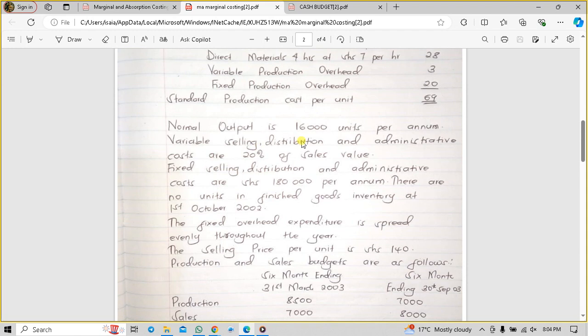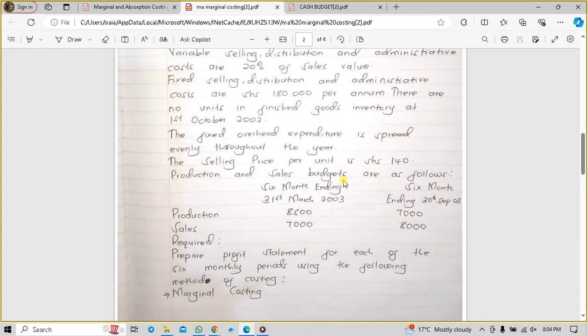Variable selling, distribution and administration expenses are 20% of the sales value. So here we're just going to take 20% of the sales value. Then fixed selling, distribution and admin expenses are 180,000, and note that this one is per annum and we are dealing with the 6 months.